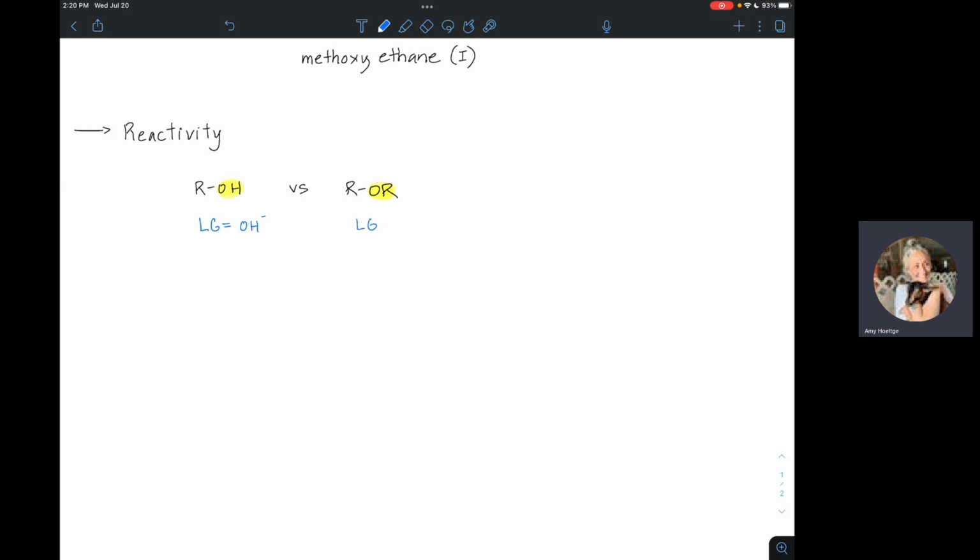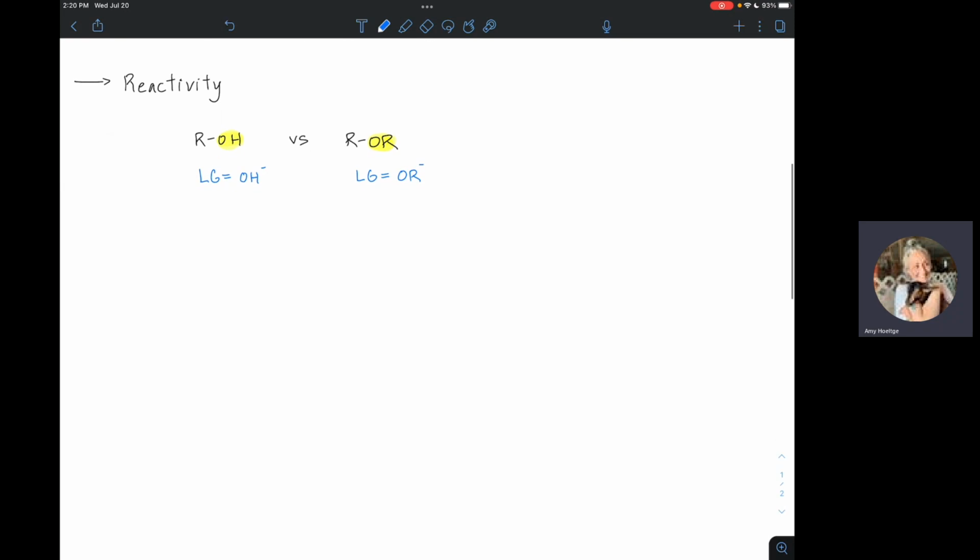Leaving group would be alkoxide, right? Whatever the alkyl group is, followed by oxide. So that's your leaving group. So these are strong bases. So therefore, they are poor leaving groups.